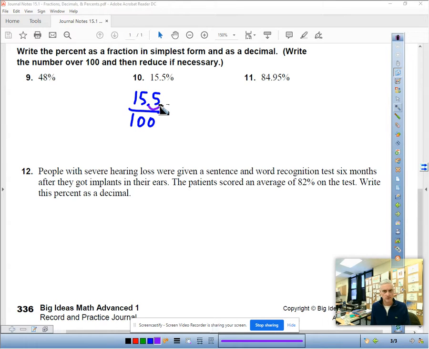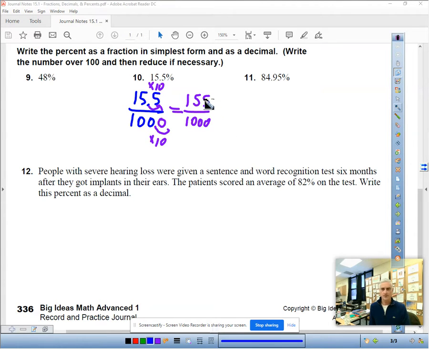So we're going to move it one place, which is essentially multiplying by 10. So we have to move this one place, which means we have to add a 0. Again, that's just like multiplying by 10. That gets us now 155 over 1,000. Now notice there's no decimal, so we can reduce just like we do with normal whole numbers.